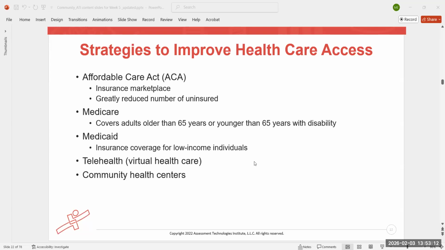Other things, we can also engage in telehealth, so virtual healthcare, to try to reach patients who may be at a further distance, or through the presence of community health centers within communities. Within these health centers, we can try to improve access to healthcare screenings for blood pressure, diabetes, and cholesterol.